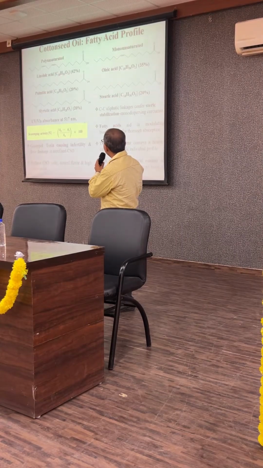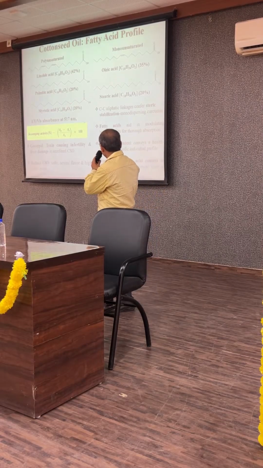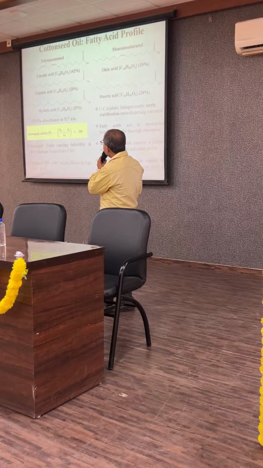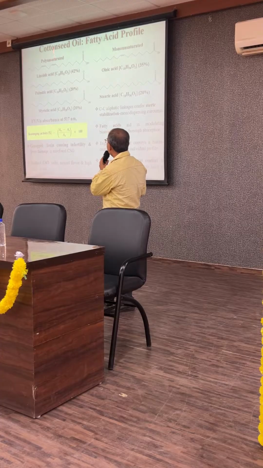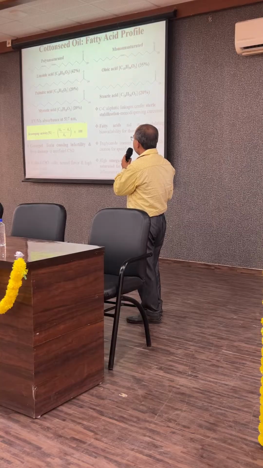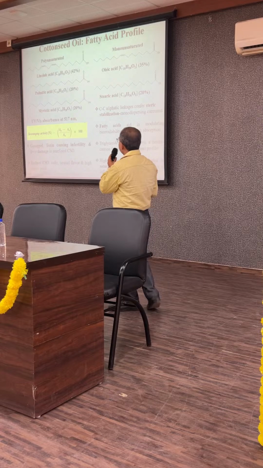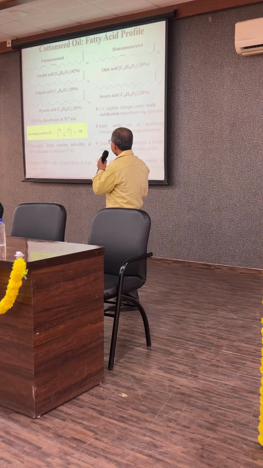These are some fatty acids of cottonseed oil. Linoleic acid is the majority component, then oleic acid. We can see that they are polyunsaturated and monounsaturated, with carbon double bonds, while here there are only single bonds. Then there is palmitic acid also, and the others are minor, about 20%: stearic acid and myristic acid.